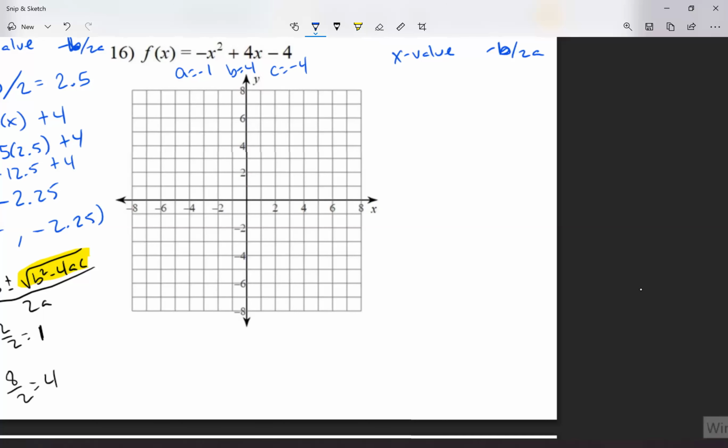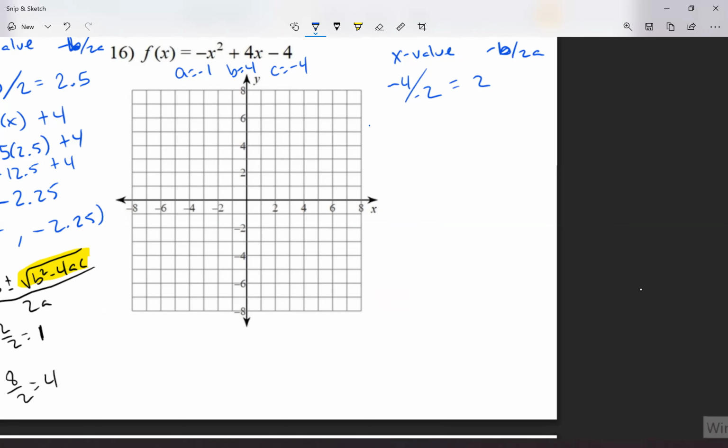So for my x value, I'm looking at negative 4 divided by negative 2. Well, negative 4 divided by negative 2, that's positive 2. Right, because negative divided by negative is positive, 4 divided by 2 is 2. So on my vertex, the x value is 2. Good. What about the y value?